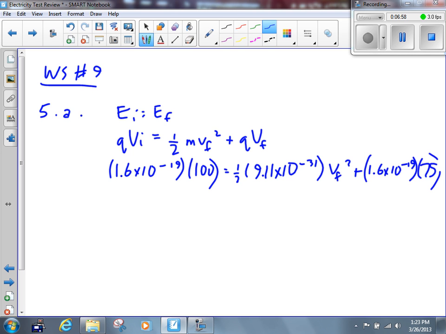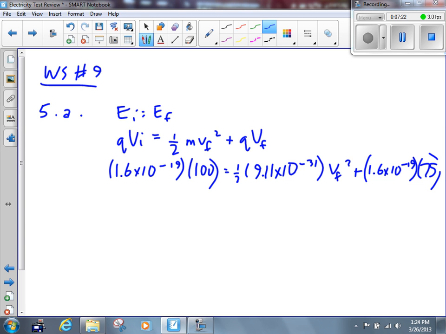Why would it be 75? Well, if the distance between the plates is 16 centimeters, and I've gone 4 centimeters across, then I've only gone a quarter of the way across. I've only gone through a quarter of the potential difference. So if we're starting at 100, then I'm still at 75. Does that make sense?